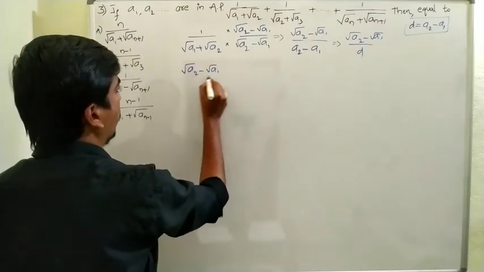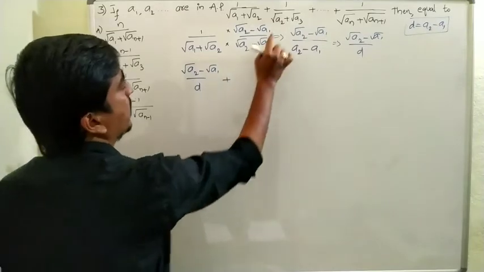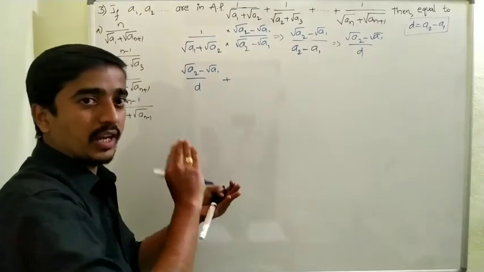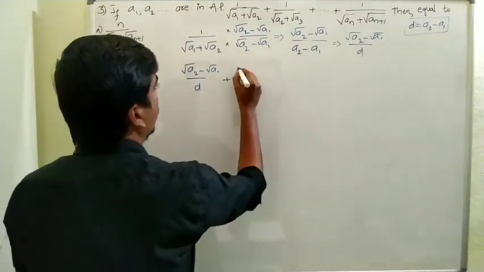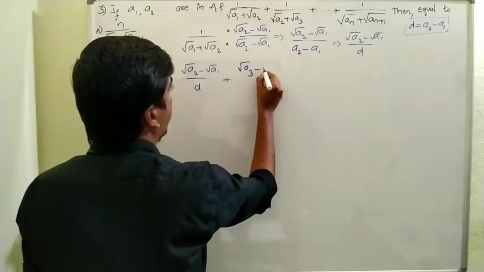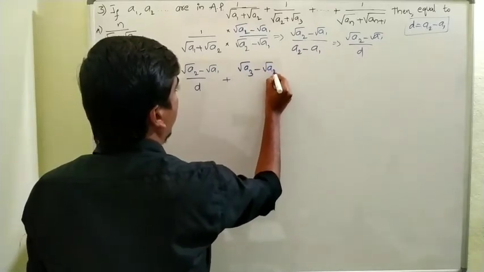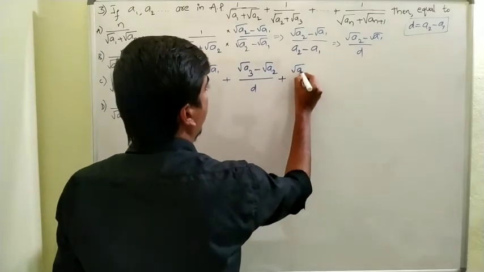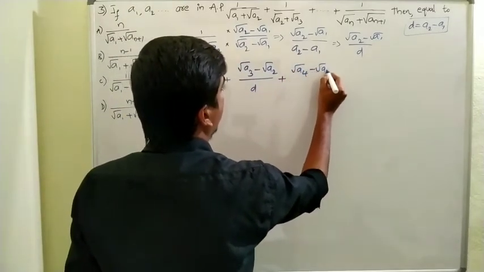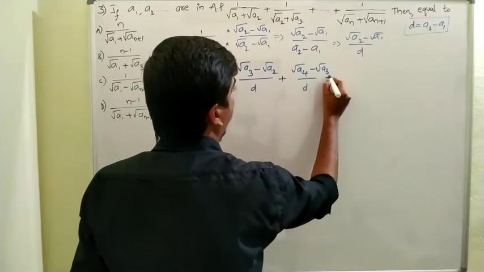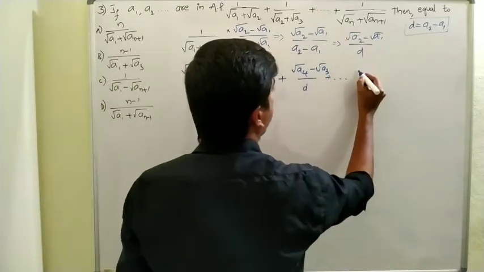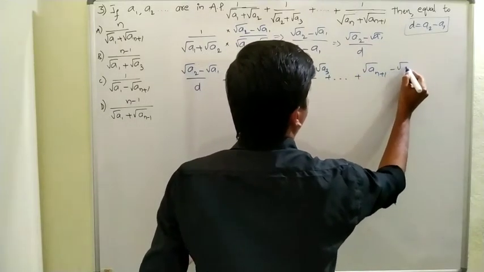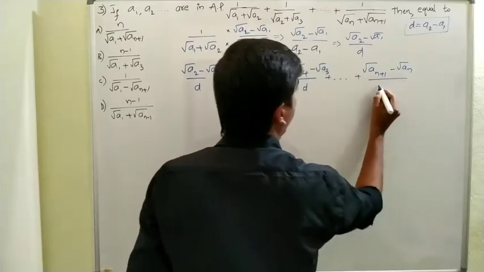In this way, the first term becomes root a2 minus root a1 by d, plus the second term, which becomes a3 minus a2, so it is root a3 minus root a2 by d. Then the next term becomes under root a4 minus root a3 by d, and so on. Then the last term becomes under root a(n+1) minus under root an by d.